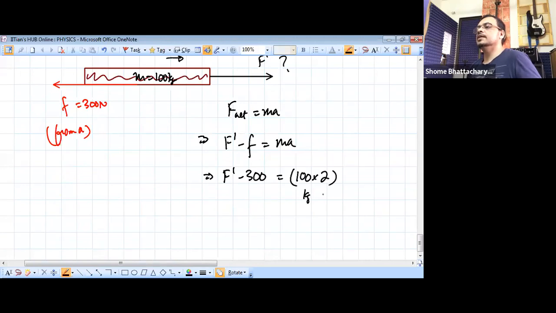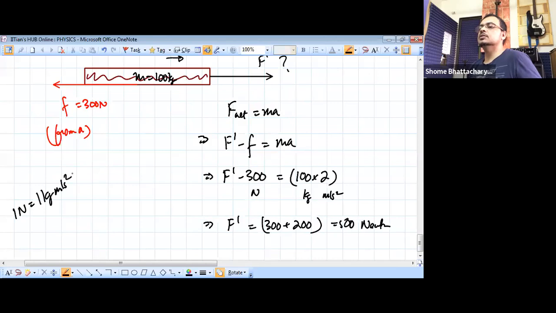This is in kilogram meters per second squared, and in newtons, F prime becomes 300 plus 200, or 500 newtons. You know that 1 newton is equivalent to 1 kilogram meters per second squared in terms of unit.